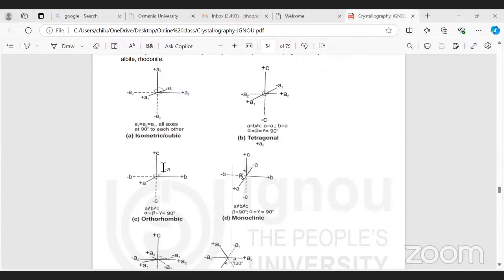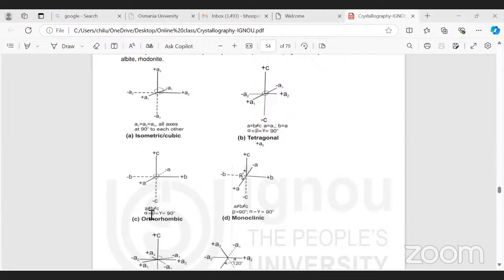But in terms of the inclination of angles, represented by alpha, beta, and gamma, alpha equals beta equals gamma equals 90 degrees.